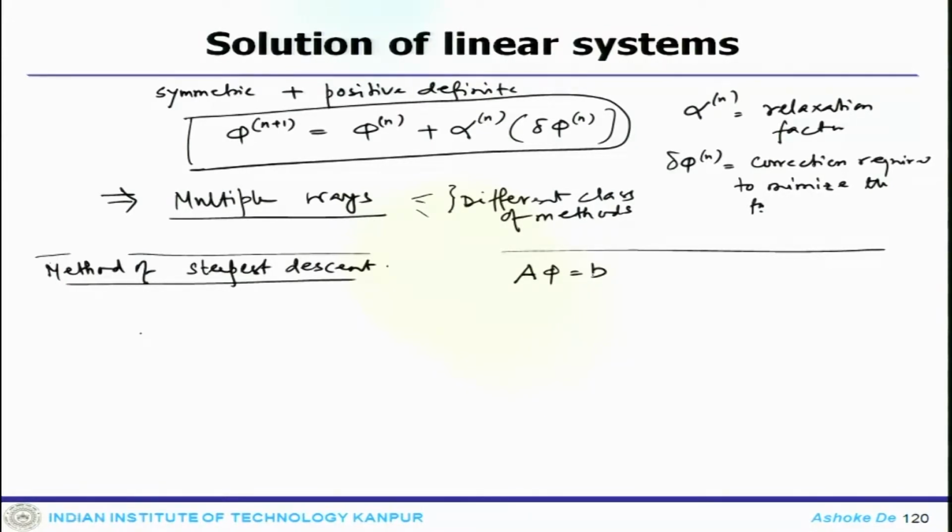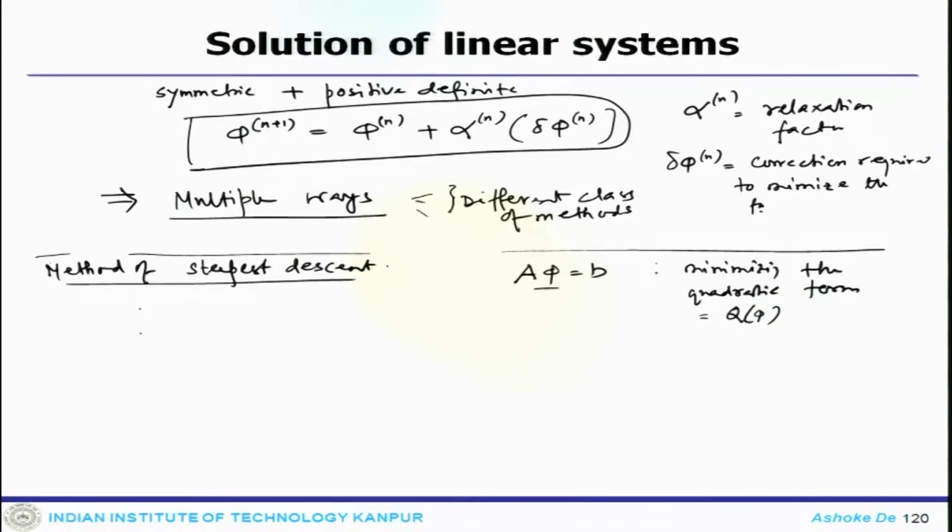The method of steepest descent for solving a linear system of equations of this nature is based on minimizing the quadratic form, which is given by the expression of Q phi. So, it is a minimization of this form Q phi.